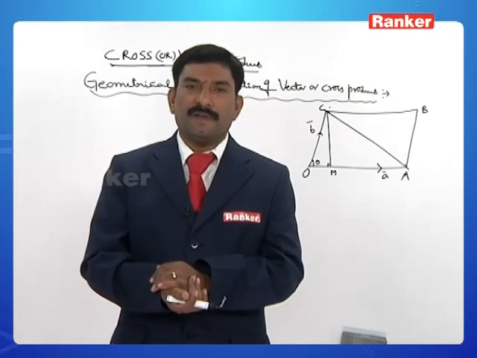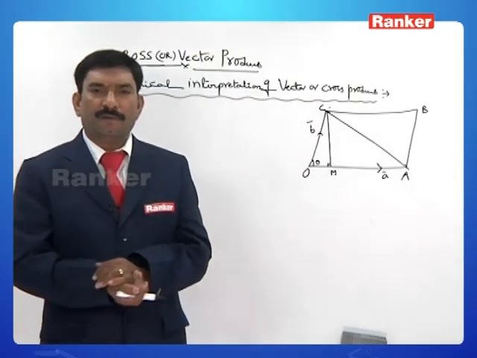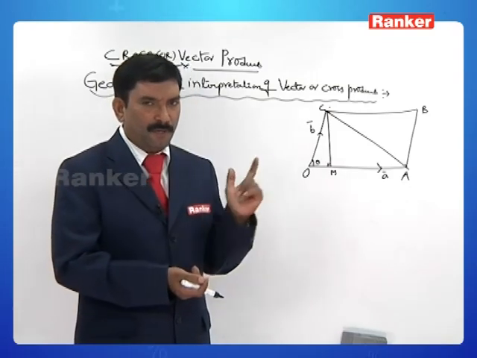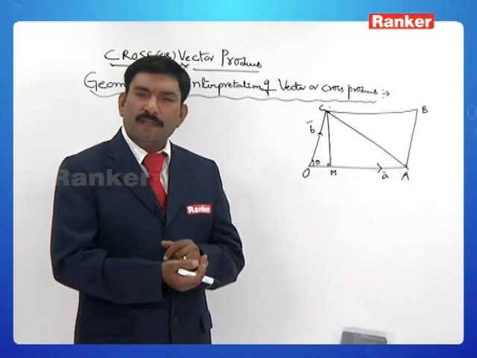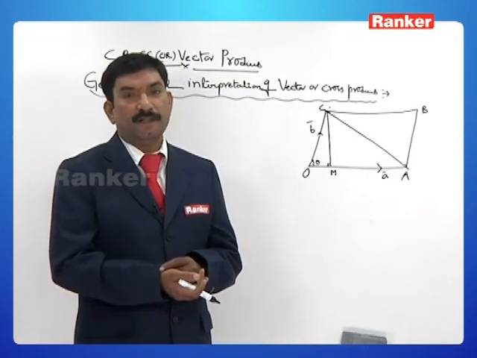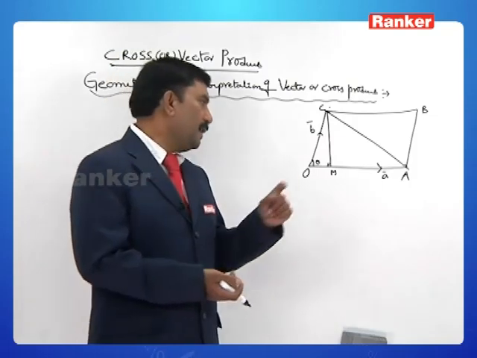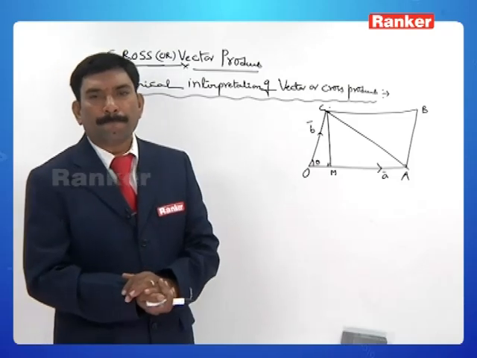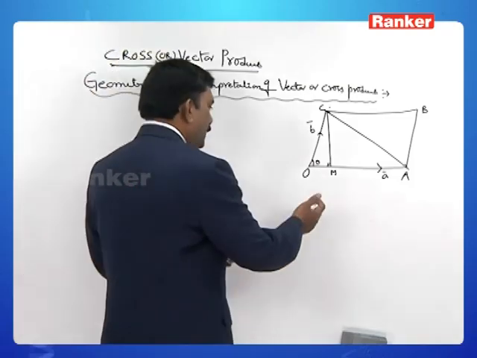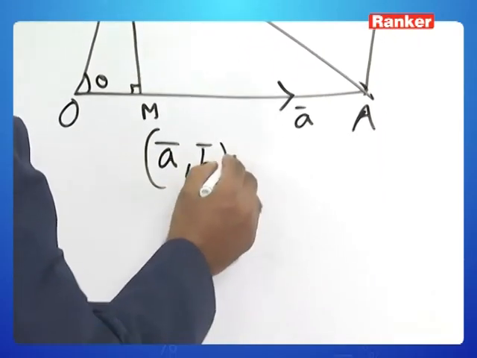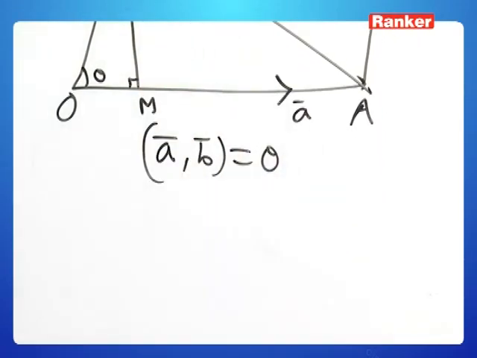So therefore, area of a triangle, for parallelogram OABC with A bar and B bar as adjacent sides, and the angle between them is theta. Let us take the angle between A bar, B bar is equal to theta.